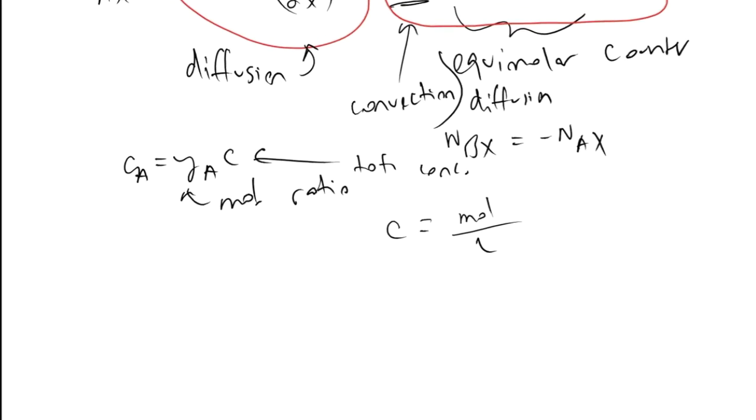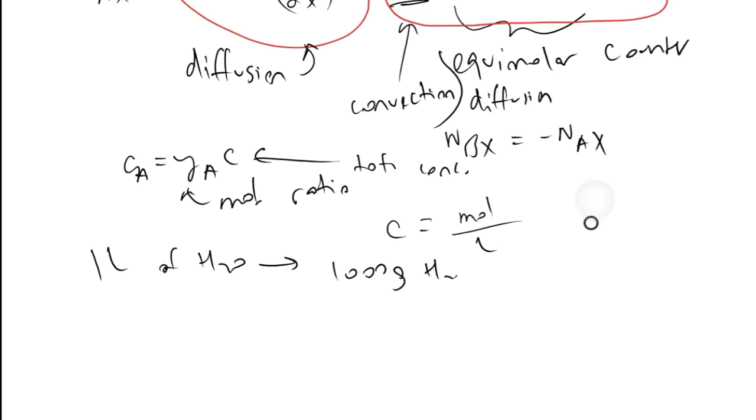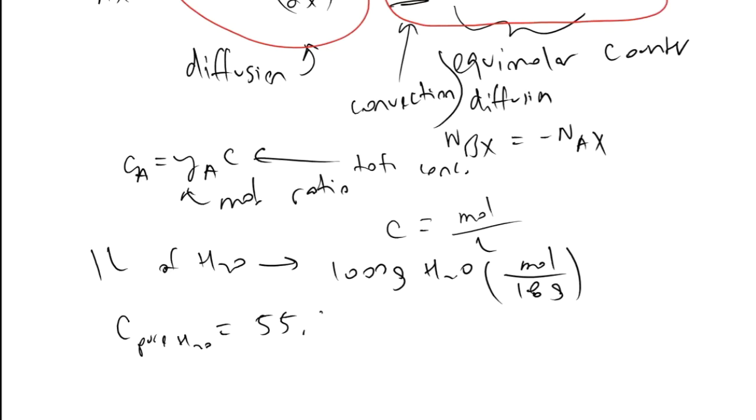And so in the case of pure water, if we had 1 liter of H2O, we know that 1 liter has 1,000 grams of water molecules, and we know that there are approximately 18 grams per mole of water. And so what that tells us is that the concentration of pure water is equivalent to 55.5 molarity. And so that's how you would evaluate what big C is.